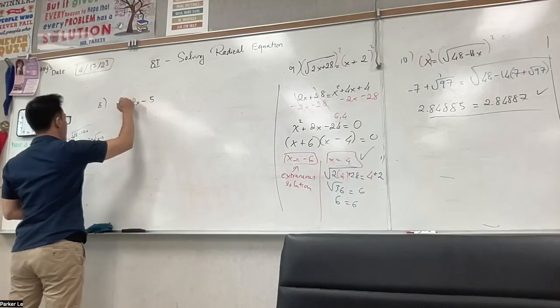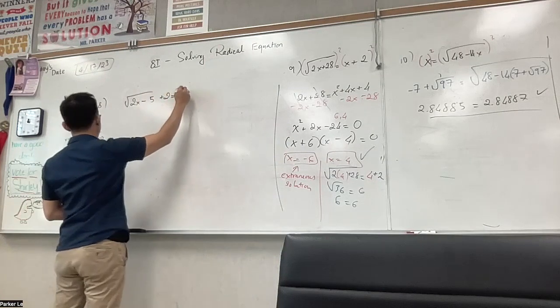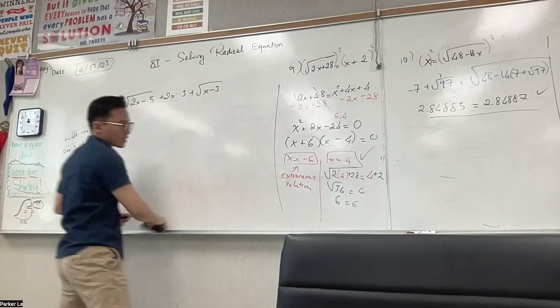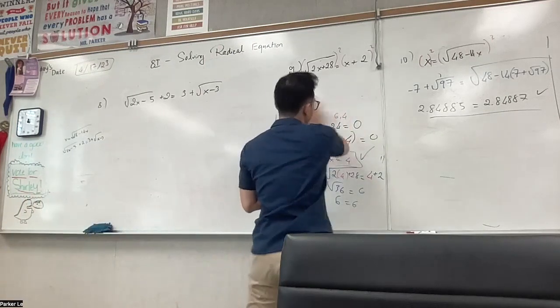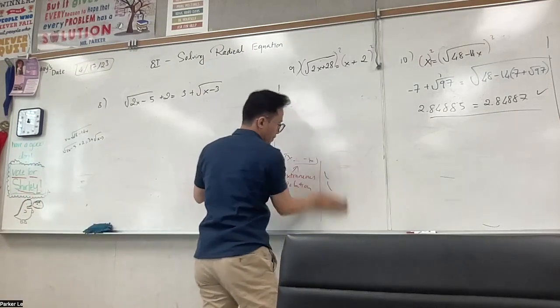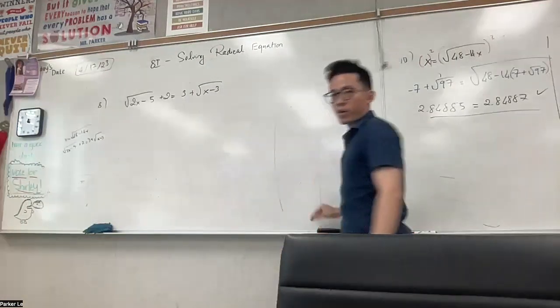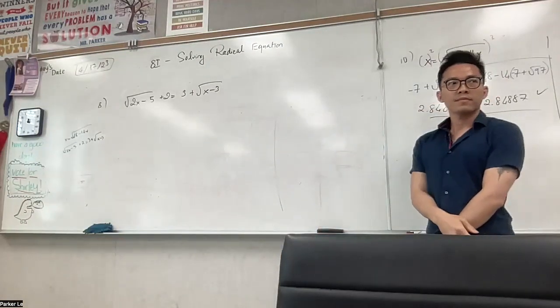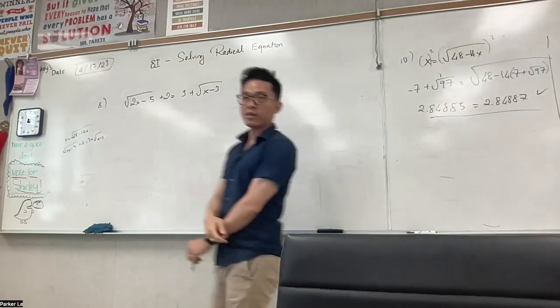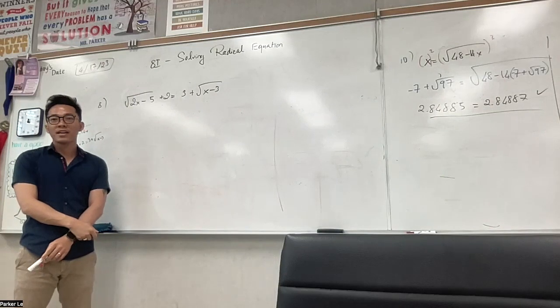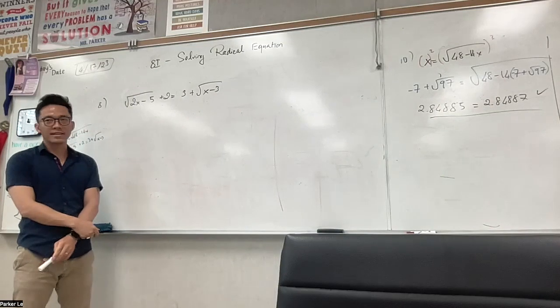Square root of 2x minus 5, plus 2, equal to 3 plus square root of x minus 3. All right. Once this one, I'm going to give 1 point. What are we going to do first? Square it?